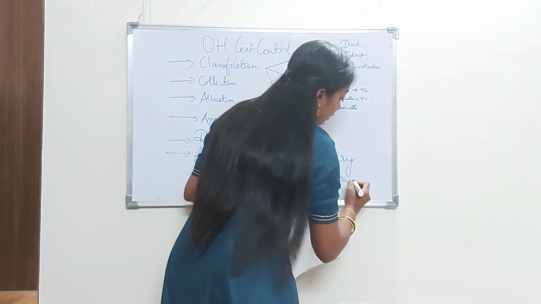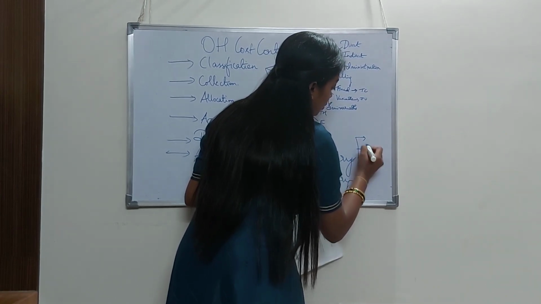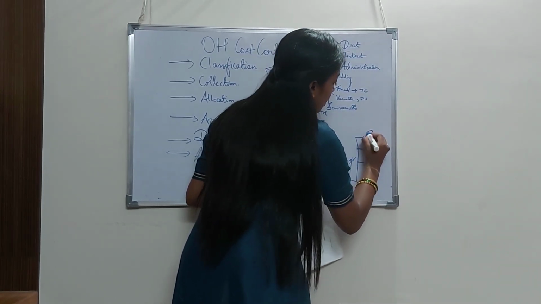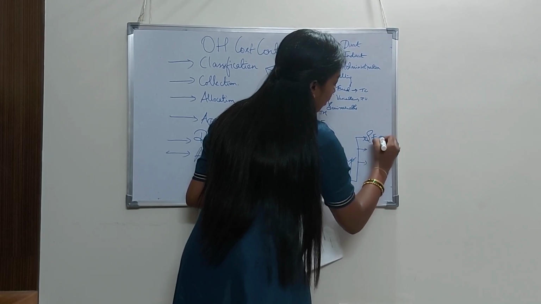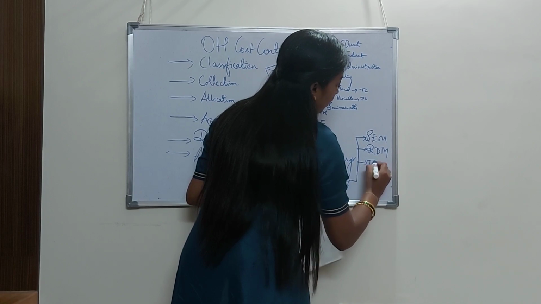So under secondary distribution, we will be dealing with 3 different methodologies. The first method would be the simultaneous equation method. Then we would have the repeated distribution method, and next the trial and error method.